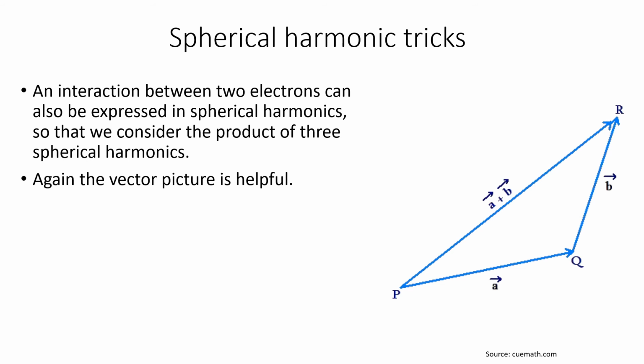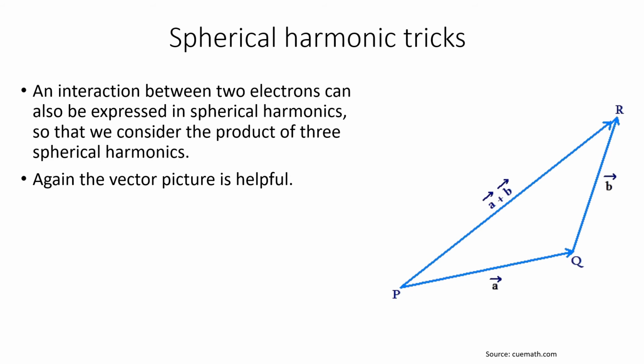But before we do, just to make another point about spherical harmonics, because we're going to use this extra bit of argument on the screen now. This is a clever trick. There are a couple of clever tricks we can use with spherical harmonics, because we're going to be expressing the orbitals, the wave functions, in terms of these spherical harmonics.